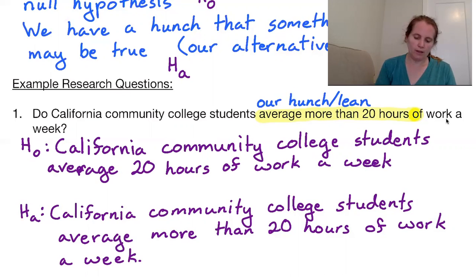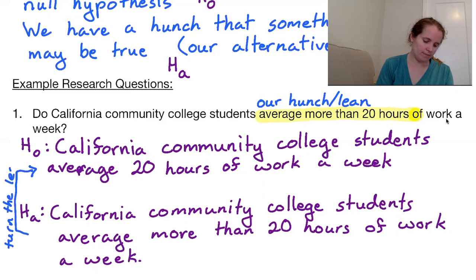So to go from the alternative to the null hypothesis, we just remove the lean and turn it into equality.